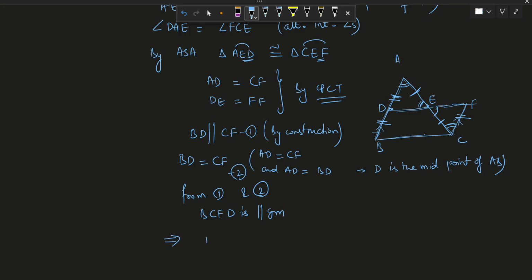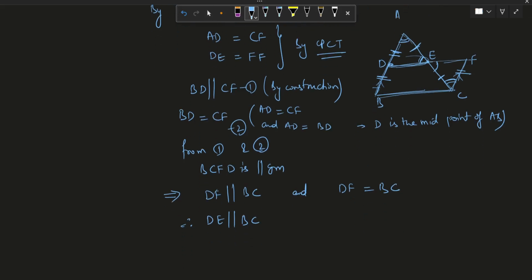So can I say that DF is also parallel to BC and DF is equal to BC? I got one part: DF is parallel to BC. So can I say that DE, a part of this line, is also parallel? Therefore DE is parallel to BC. Yes, that's a part of the line.